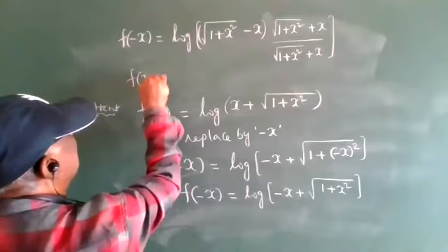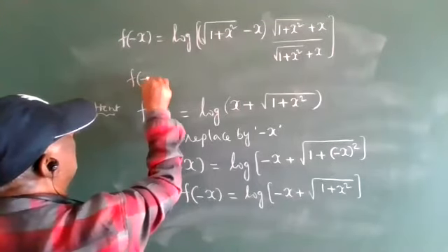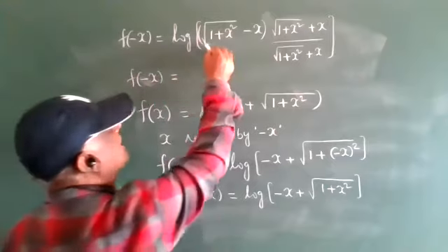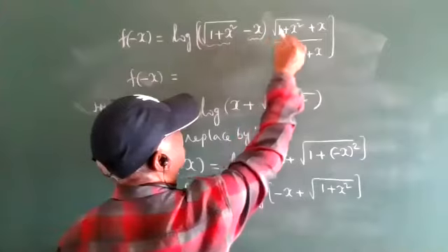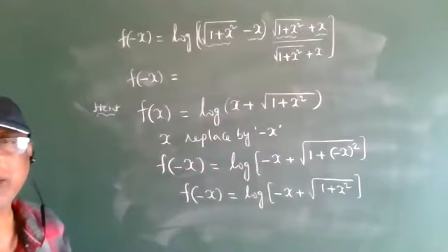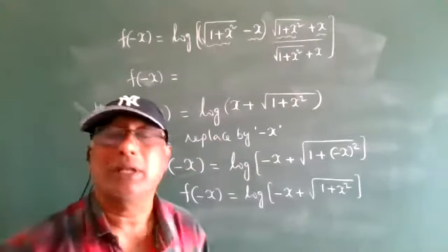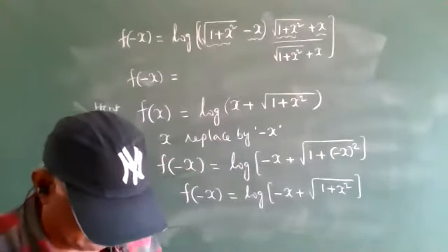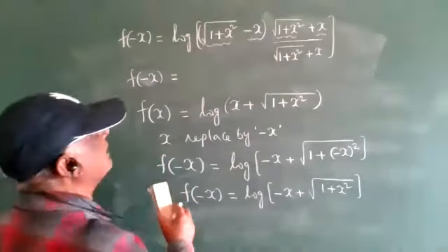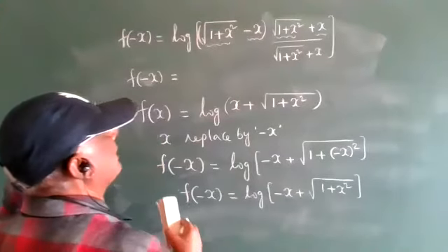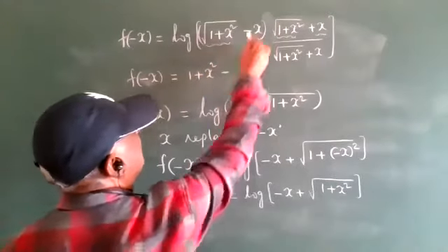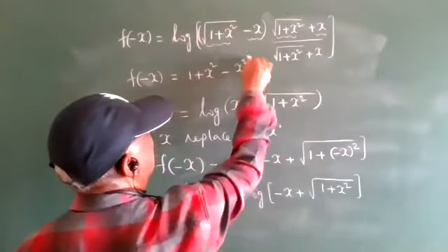So f of minus x is equal to, by the rationalizing, a minus b times a plus b gives a square minus b square. Is it clear? The a square value is 1 plus x square, minus b square value is x square.